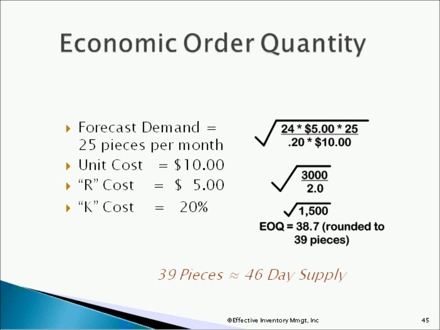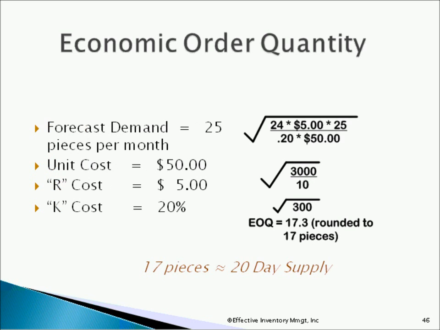And if you look back at that first example, 25 pieces times $10, again, that's $250 moving through inventory per month. If I have $250 moving through inventory per month, at that cost of carrying inventory and that cost of replenishing inventory, I'm going to buy a 46-day supply.